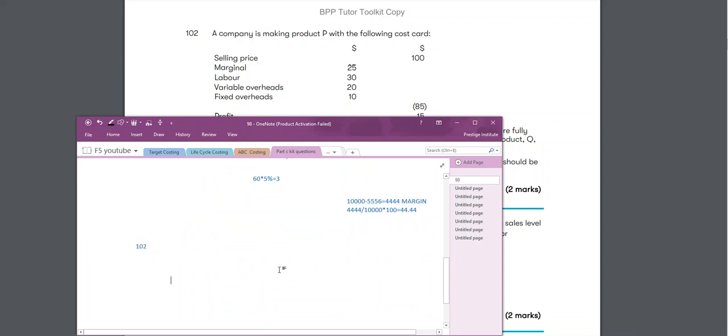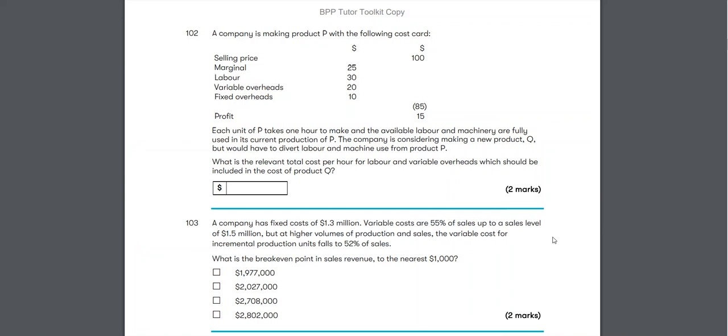So we have labor 30 and variable overheads 20. And it's not told whether it is per hour or not. But let's see. Remember, we are diverting. We are currently using product P.